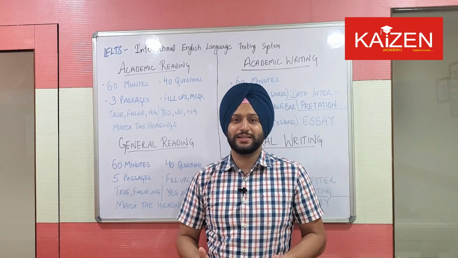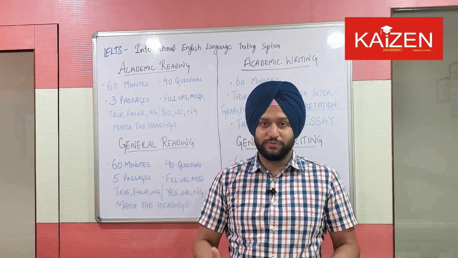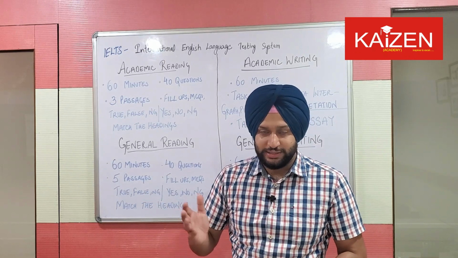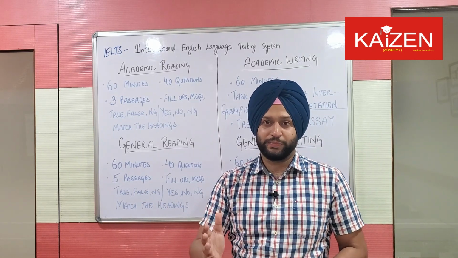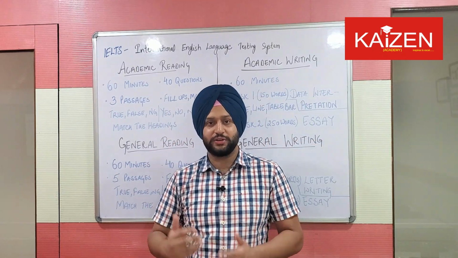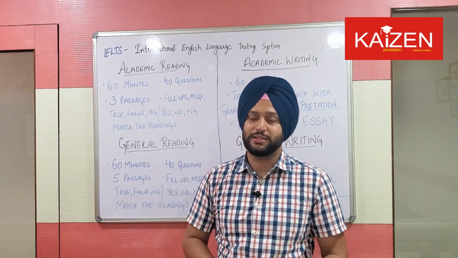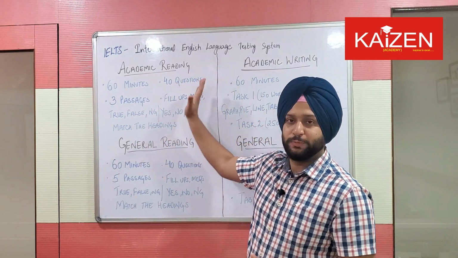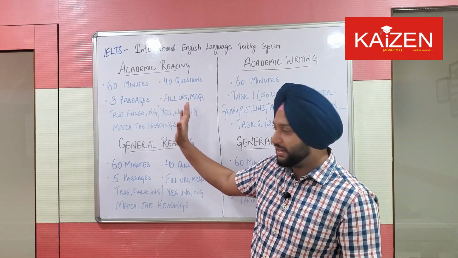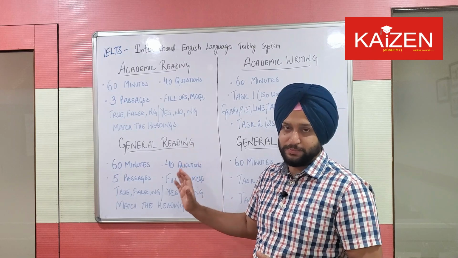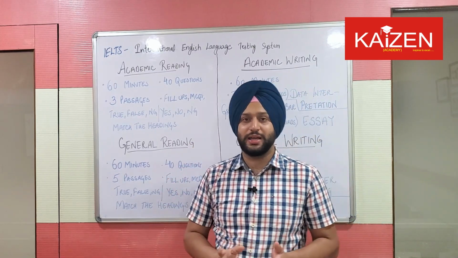So guys, this is a suggestion from my side that wherever you start practicing your IELTS, just confirm with them whether you will be practicing the academic reading or the general reading. If you're going for the academic IELTS, just ensure that they make you practice the academic reading papers, and if you're going for general IELTS, then they make you practice the general reading practice papers. It is very important, guys.